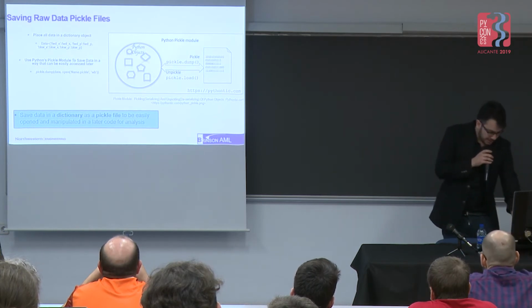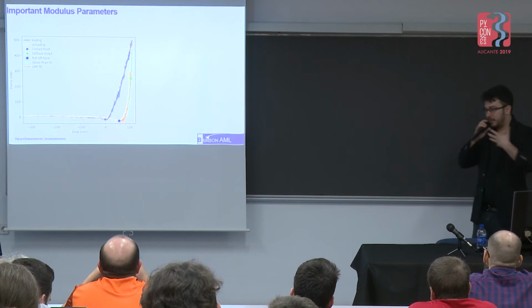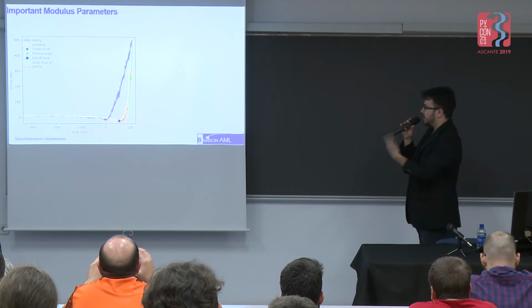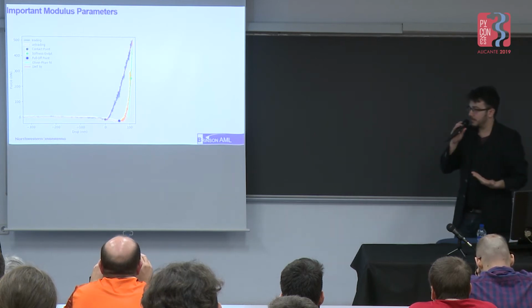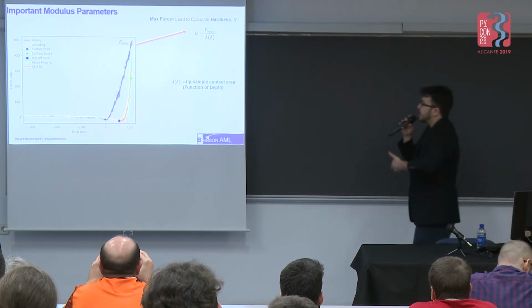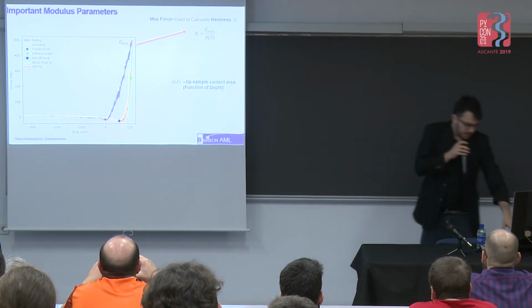So once we have all this data, now we want to analyze it. I won't go too much into detail about why all this information is interesting, but for me as an experimentalist, when I look at a force curve like this, I can get a lot of different information about the material. I want to extract the maximum force and use that to calculate the material hardness.